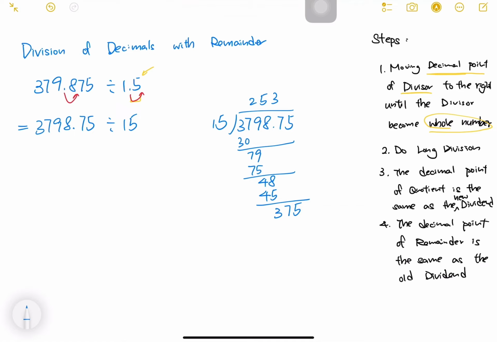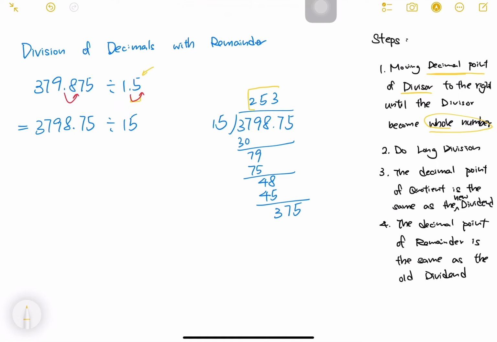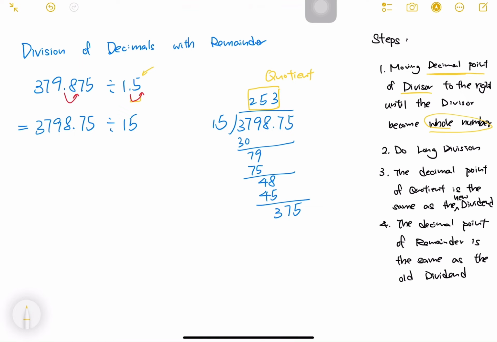So how can we do it? After you finish the calculation, you can see the answer part right here, which means the quotient right here is 253. The decimal point of the quotient is the same as the decimal point of the new dividend, which is right here.